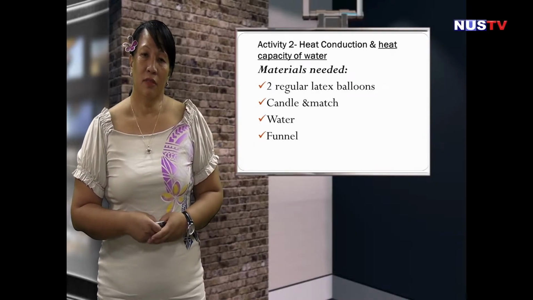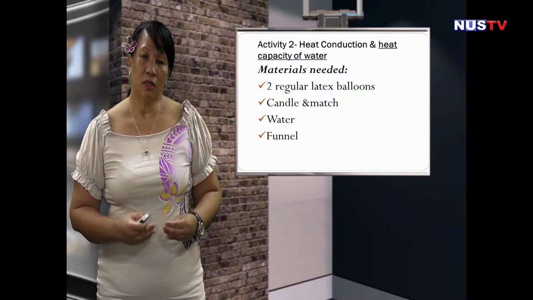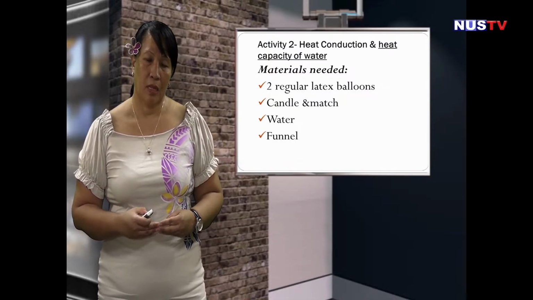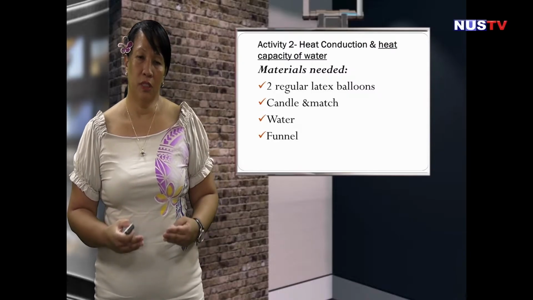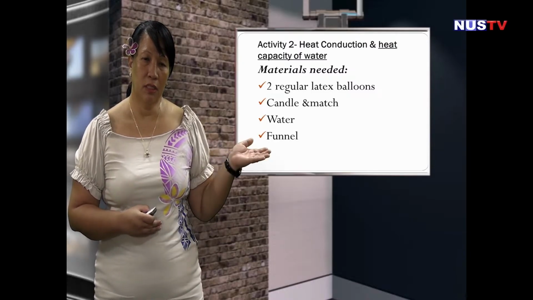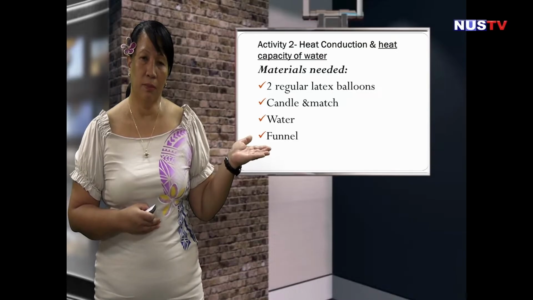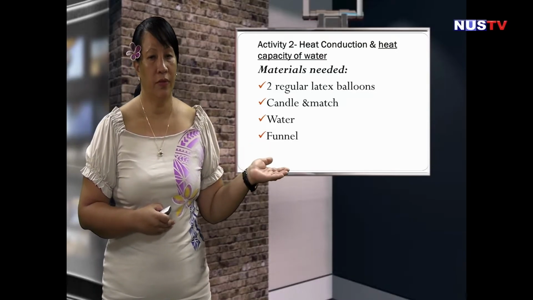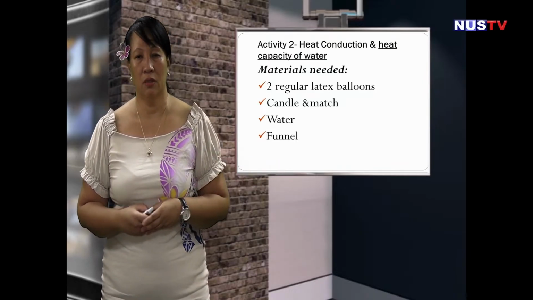Our second activity today is going to be heat conduction and heat capacity of water. Only a few materials we need. As you can see, we only need 2 regular balloons, a candle and matches, water and a funnel. That's all you need. So let's get going. Let's have a look at what this activity is about.